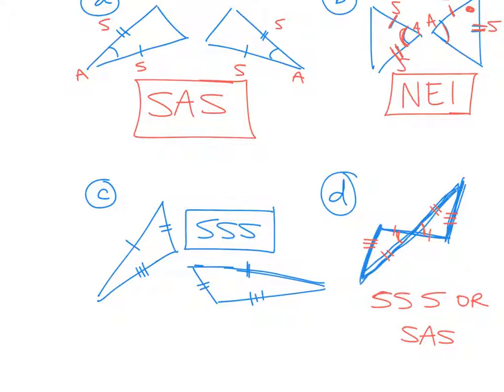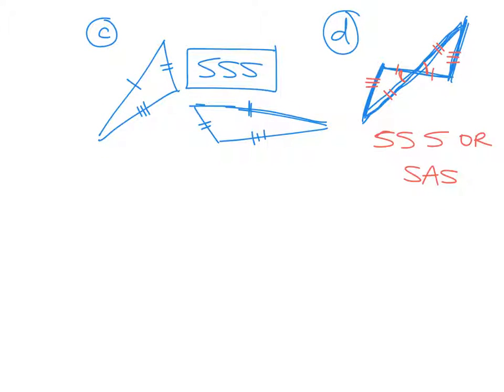Okay, just one last thing. I said it already. I'm just repeating, but hear me on this. When your last step of a proof says triangle ABC congruent to triangle DEF, what are you going to put here?